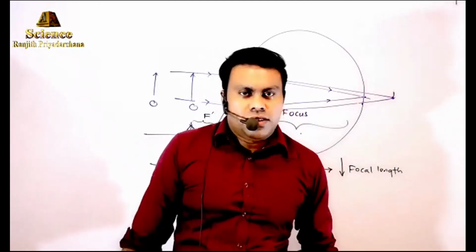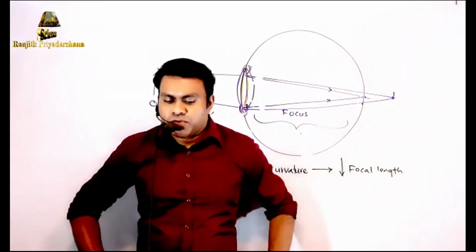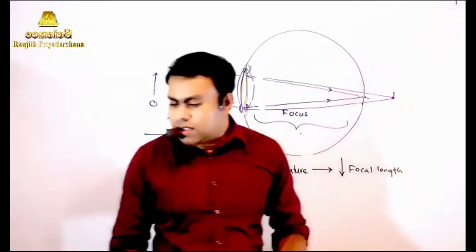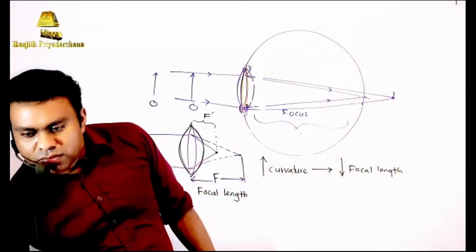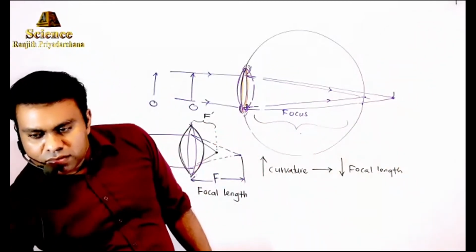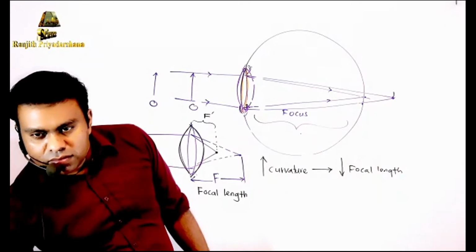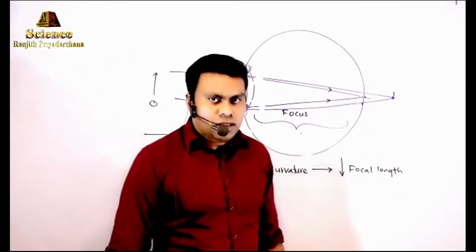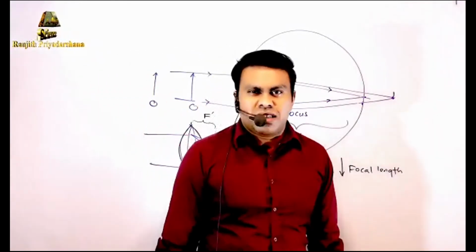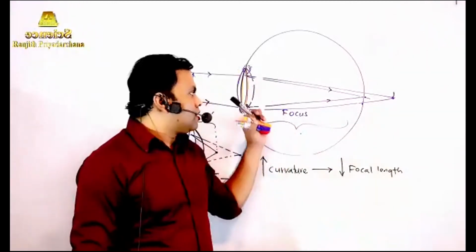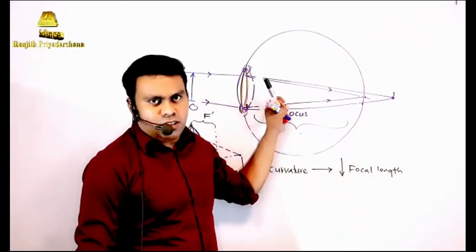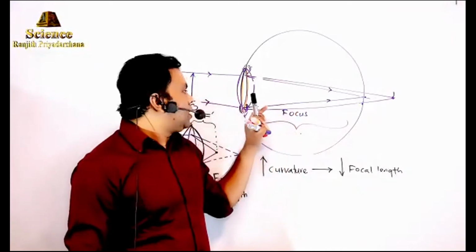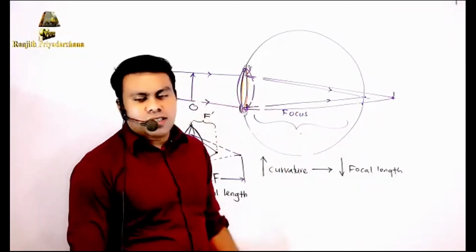Ciliary muscles and ciliary body. Sir, last week we wrote about vitreous humor a little bit. A little bit, okay. It doesn't matter. It is a transparent, semi-solid medium. That's all. Now take down ciliary muscles and ciliary body.